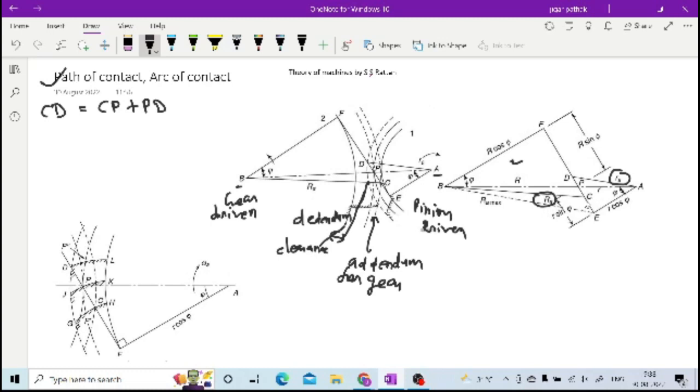So at point C it is the tip or top of your gear, and at point D it is at the top of your pinion. So this is how you have this CD, right?